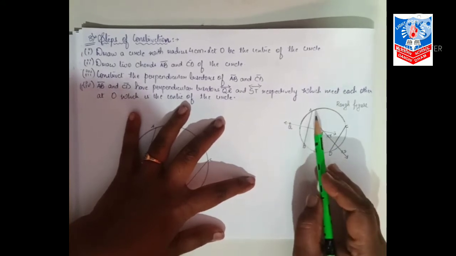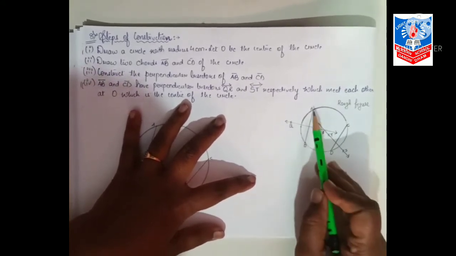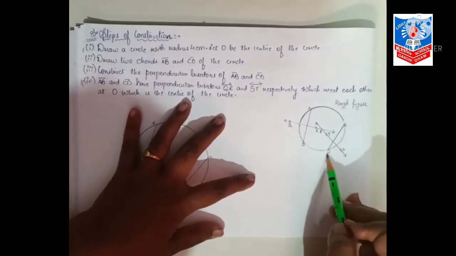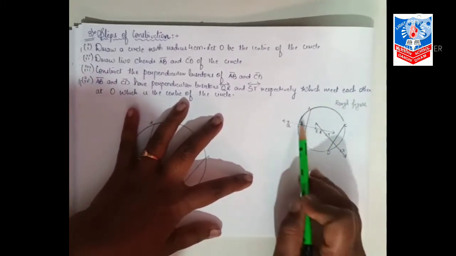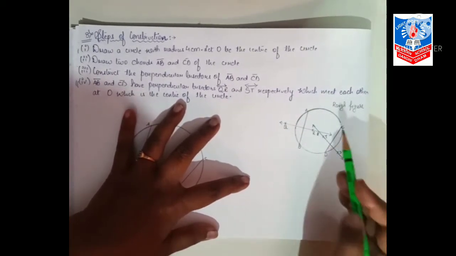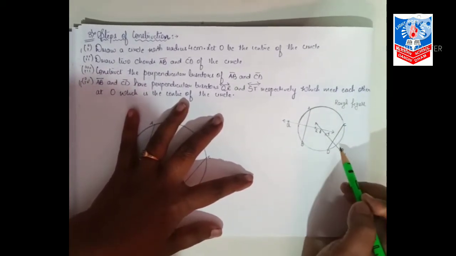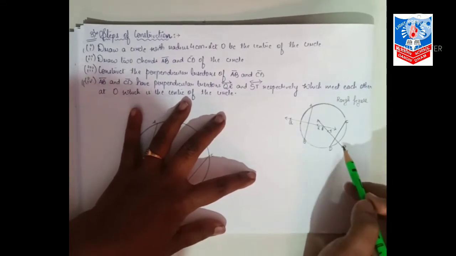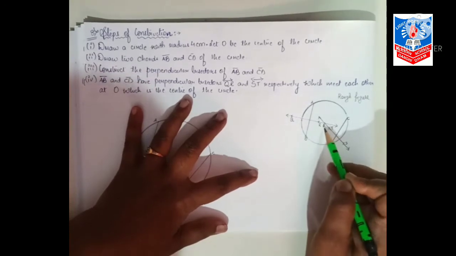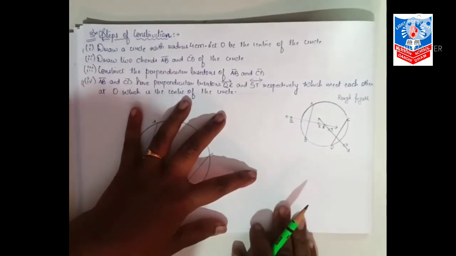Now two chords of the circle you have to draw, one is AB and second is CD. Now you will construct a perpendicular bisector of these two chords, and you have to check whether these two perpendicular bisectors intersect at the center of the circle or not.